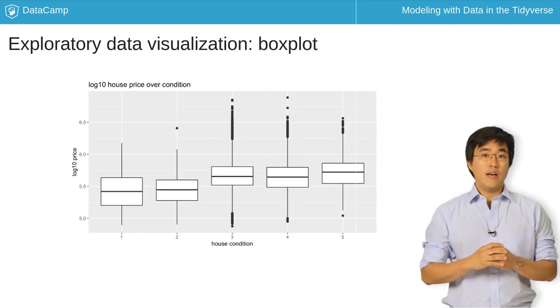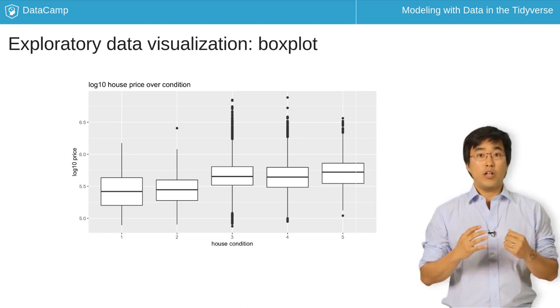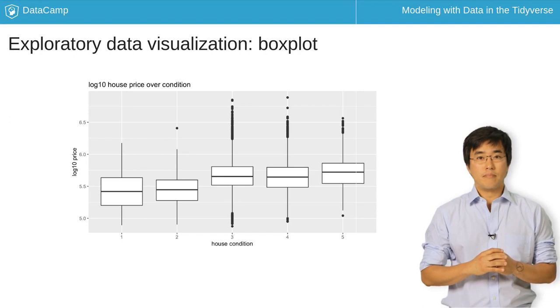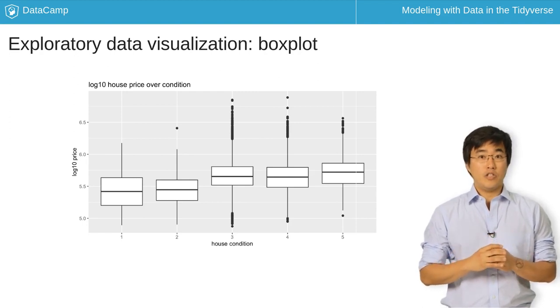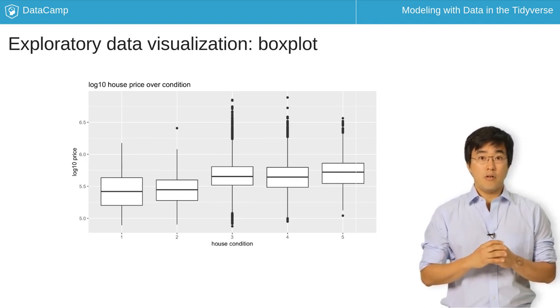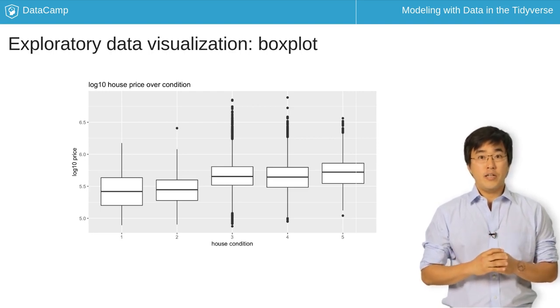For each condition level, the 25th and 75th percentiles are marked by ends of the boxes, while the medians are marked with solid horizontal lines. You also observe outliers. As the house condition goes up, as expected, there is a corresponding increasing trend in the median log10 price. Furthermore, for each condition, there is variation in log10 price as evidenced by the lengths of the box plots.